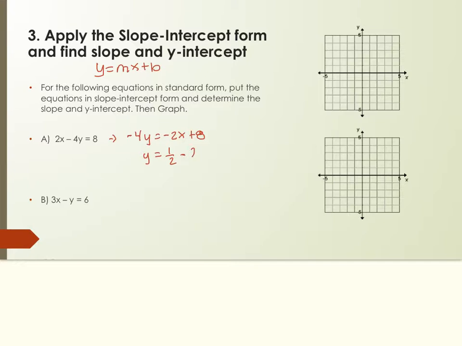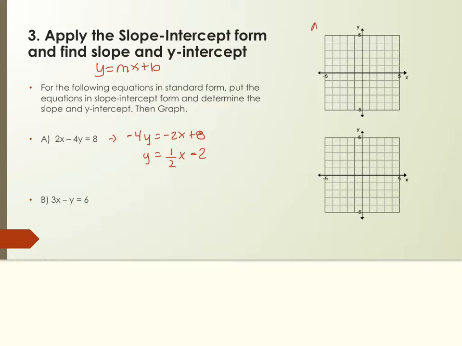Oh, I'm not careful here, am I? So let's get this right. It's 1/2 x minus 2. Now I have it in slope-intercept form. I know what the slope is. It's 1/2. And the y-intercept's at minus 2.